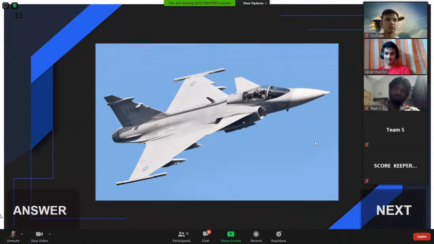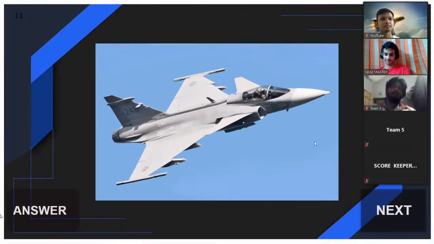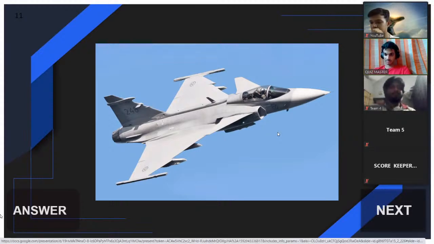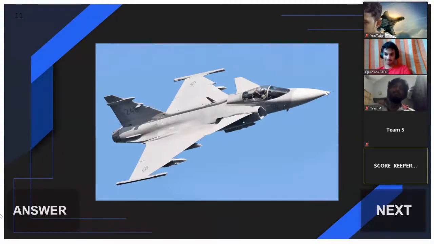Plus 15 to team 5, team 4, and team 1. Minus 10 to team 6 and team 3.